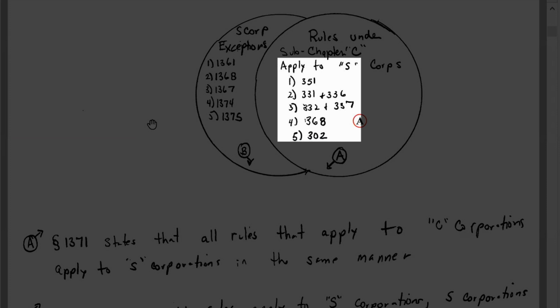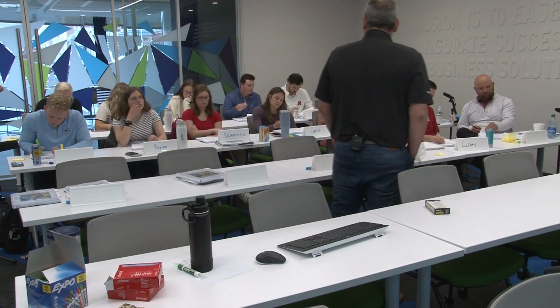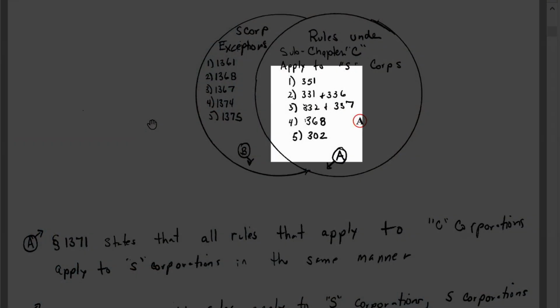You might want to put a circle around that one, because when we talk about Q subs later, 332, 337, 334 are code sections that we're going to apply to Q subs, and Q subs are all part of the subchapter S rules.